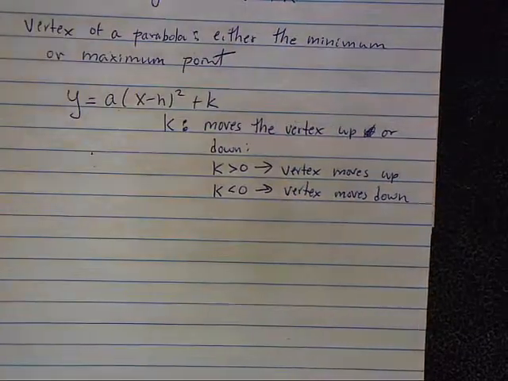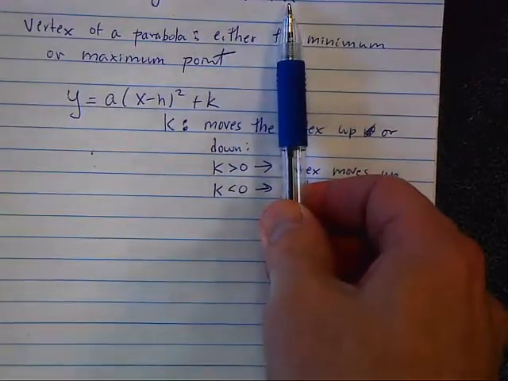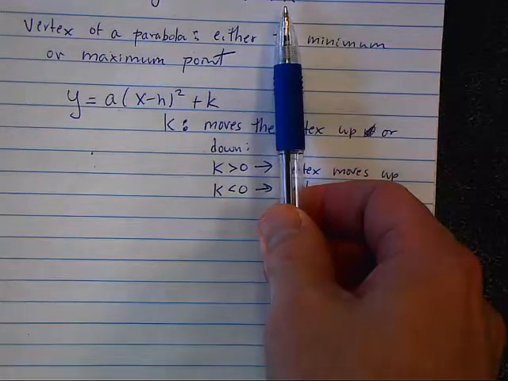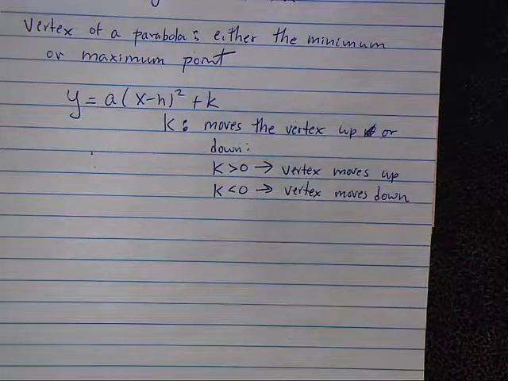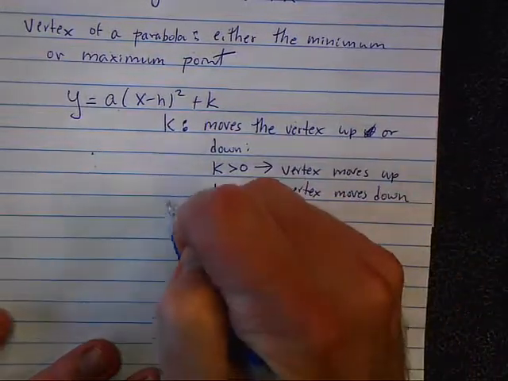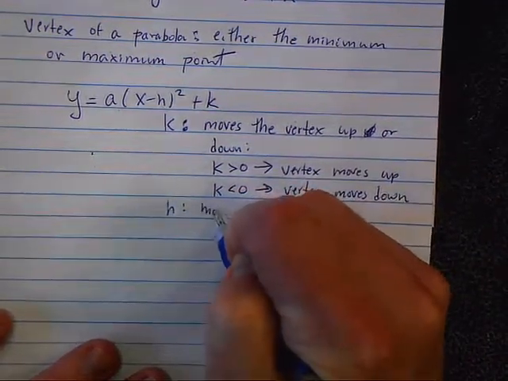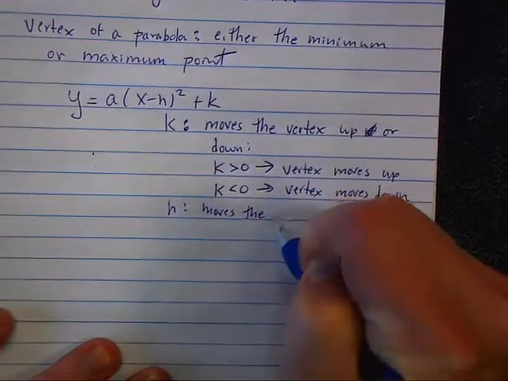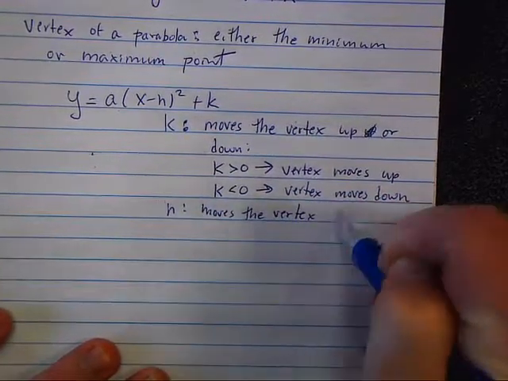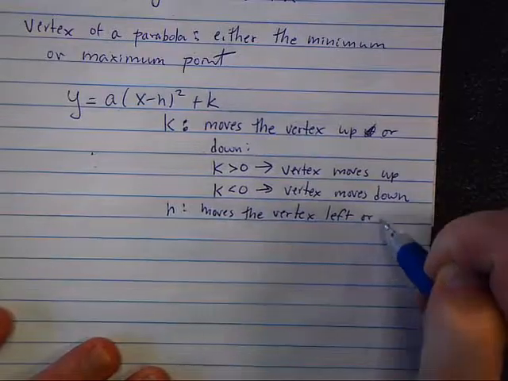So, just as k moved the vertex up and down, h moves the vertex which way? Left and right. h moves the vertex left or right.